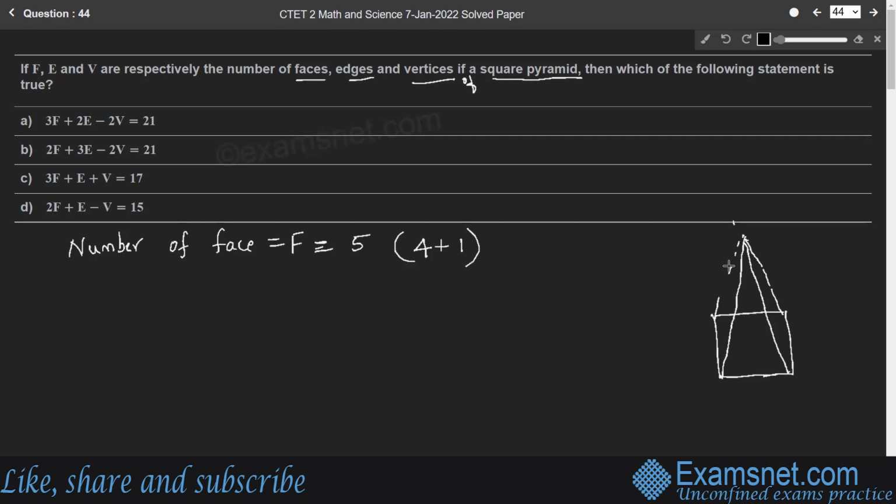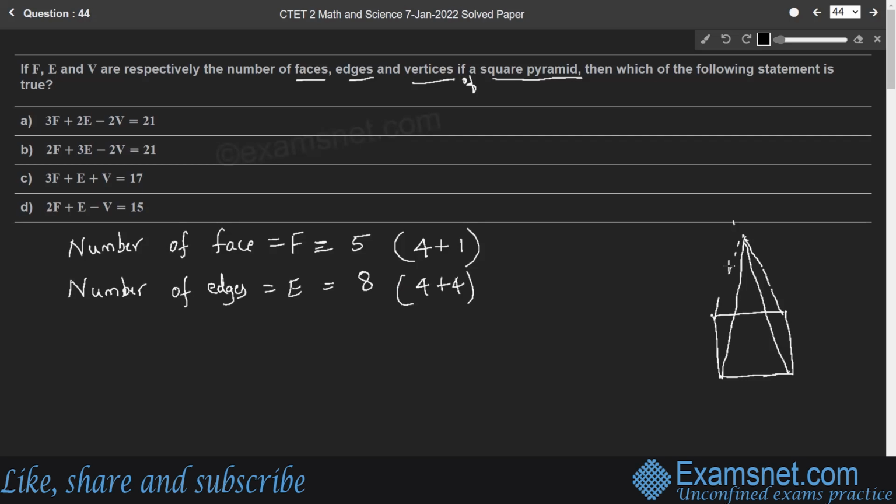Then number of edges. Number of edges, E is equal to. So how many edges are there? Here, 1, 2, 3, 4. 4 edges of a square and 4 of triangles. So it is 8 edges. 4 plus 4.